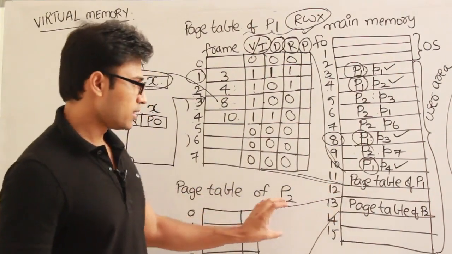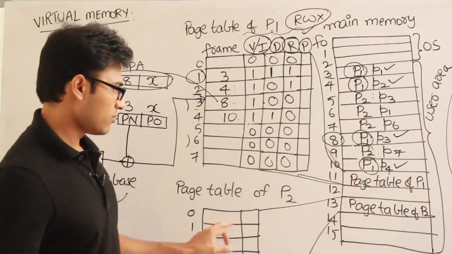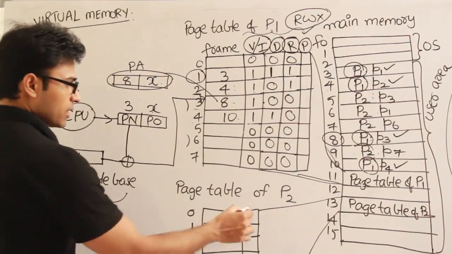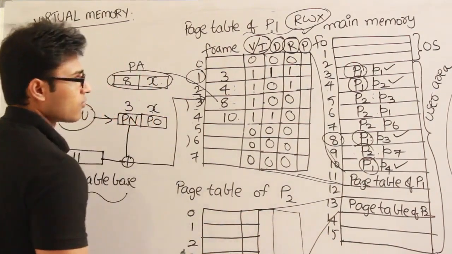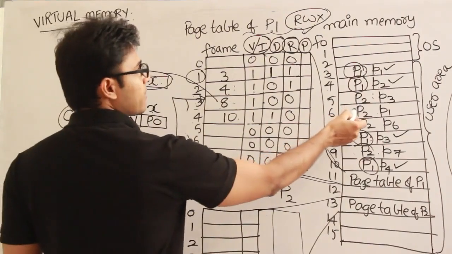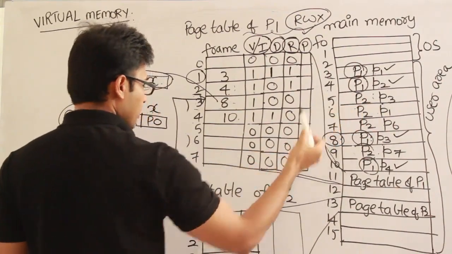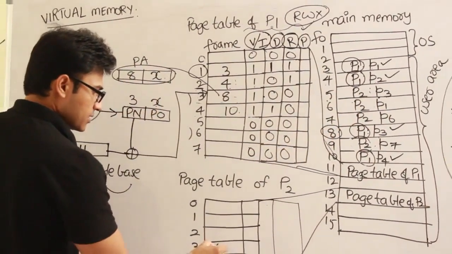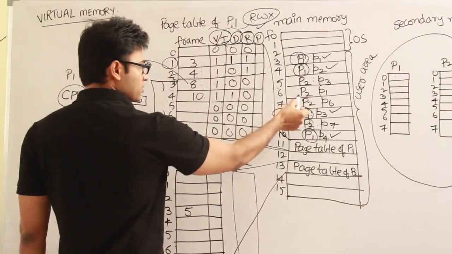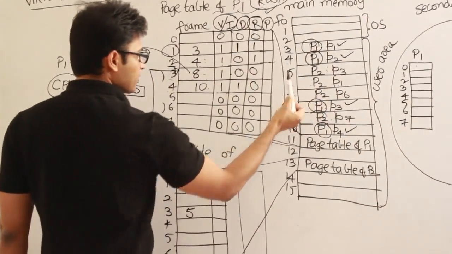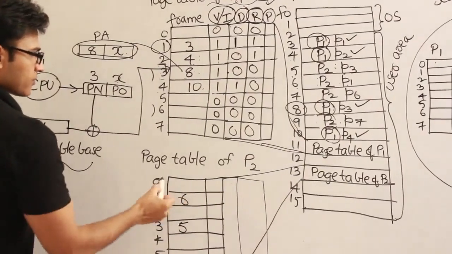Process 2 is loaded in frame number 3, the page table of process 2, and I didn't show you all the bits. You can fill them up, right? What are the main entries? Watch it. Process 2 page number 3 is present in frame number 5, and again process 2 page number 1 is present in frame number 6, right?